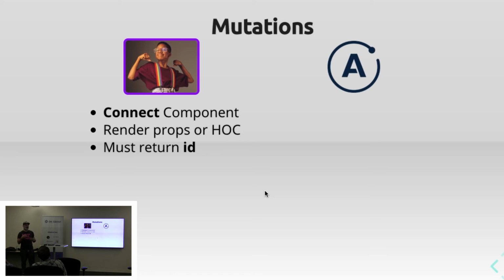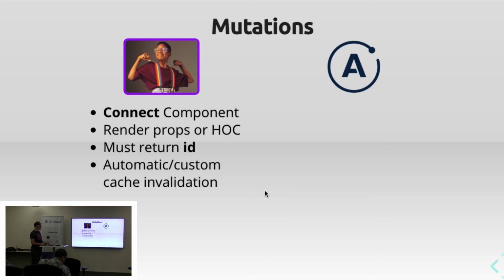Otherwise, it won't be able to match these two objects and update our template. That's the only thing that was kind of magic and hidden. Usually you will return this field, but if you miss it, it can fail without you knowing what's going on. So it's a little bit dangerous.